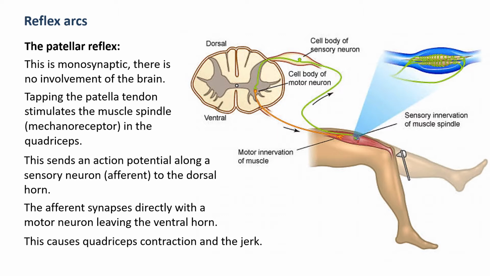What that does is it sends the action potential back along a motor neuron to the quadriceps, to a neuromuscular junction, causes excitation contraction coupling in the quadriceps. They contract and the leg flips out, the leg jerks.